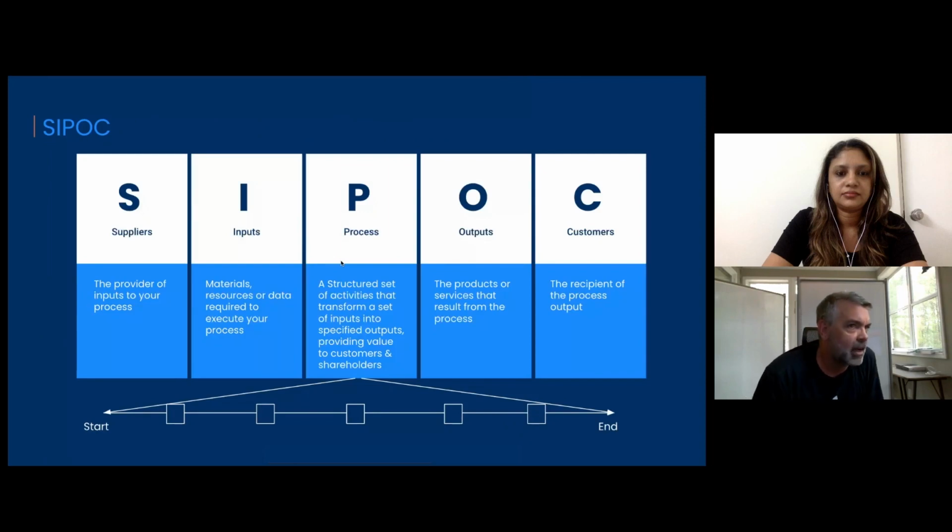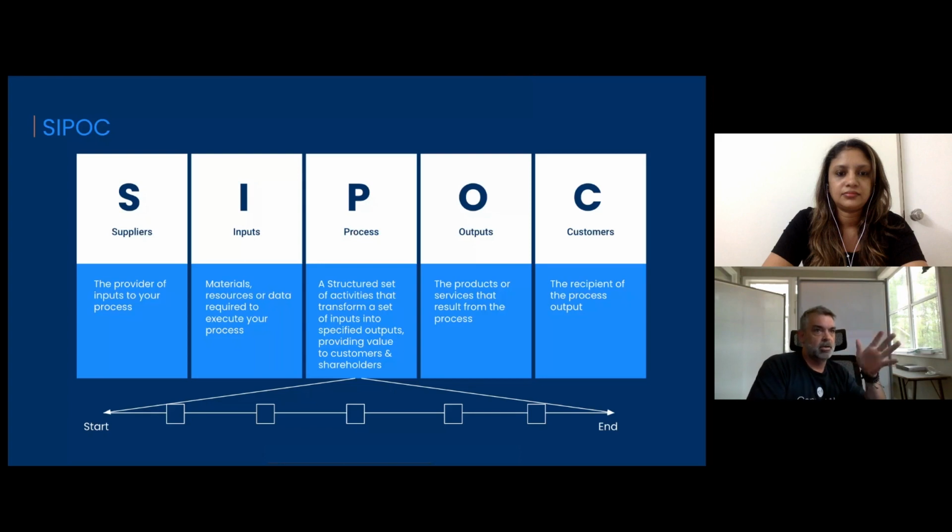Another tool we talked about a little bit is SIPOC. SIPOC is an important tool, not just to identify patterns, but it's an important step when you're looking at a system.